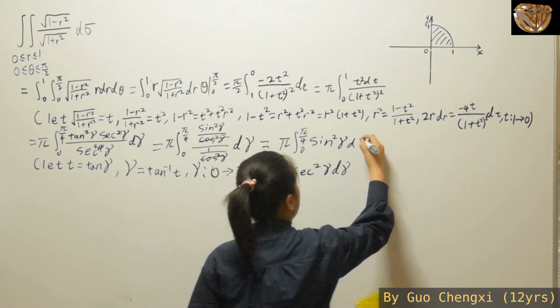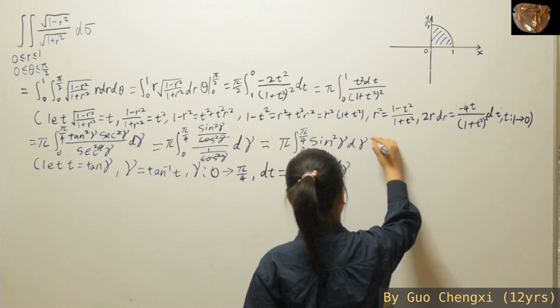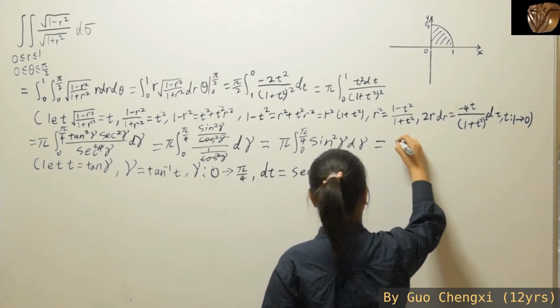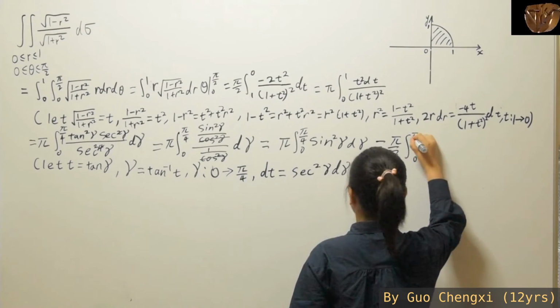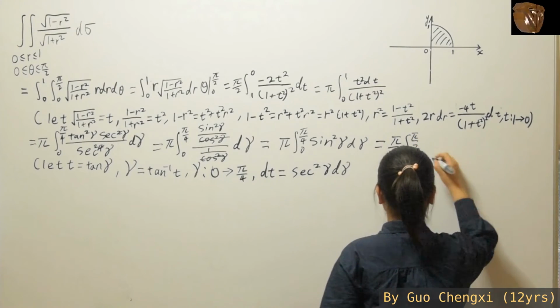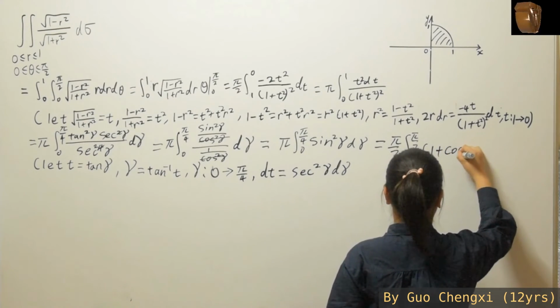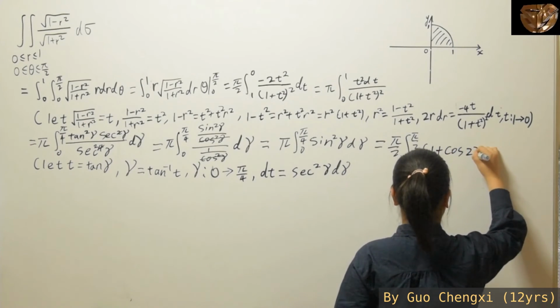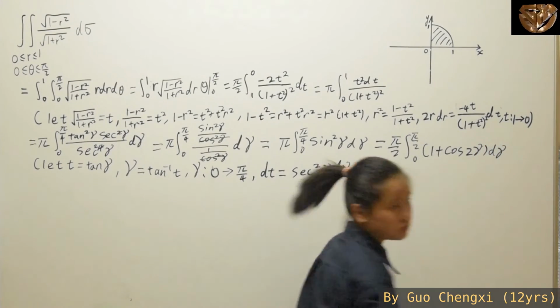Well, you can straight away integrate, and for this part you integrate it, but before that you have to use a double angle formula, 0 to pi over 2, 1 plus cosine 2 gamma.